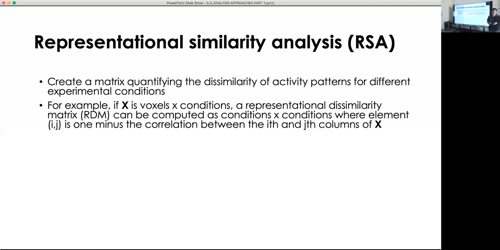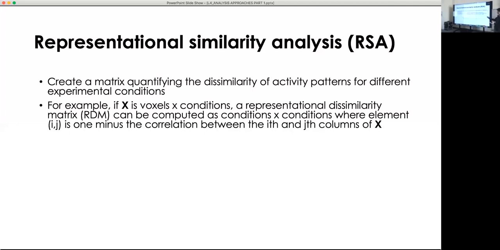All these double negatives. Okay, so these two columns are very similar. All that means is this brain region responded to these two conditions very similarly. It doesn't care that one was a baby and one was an adult. It's an age-invariant face response. So 1 minus correlation is a common dissimilarity metric.